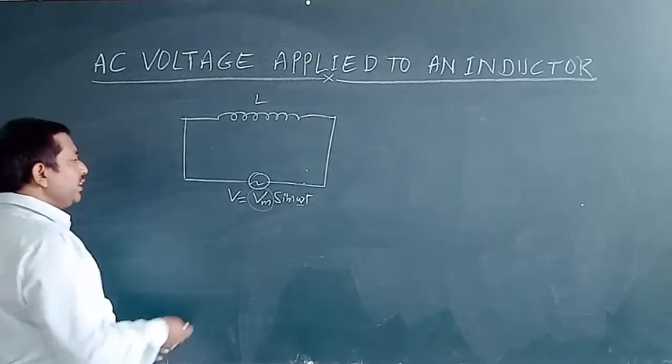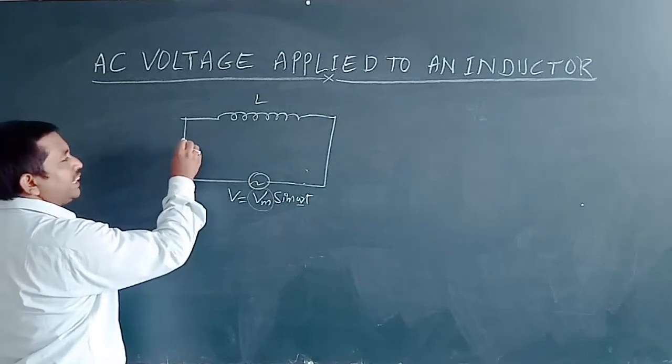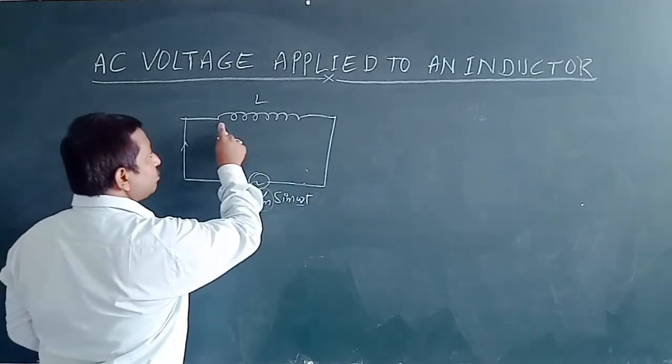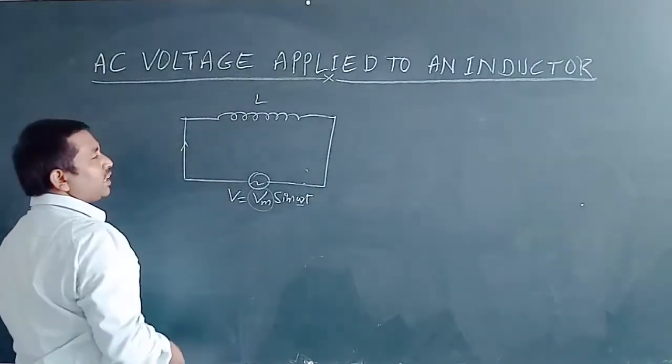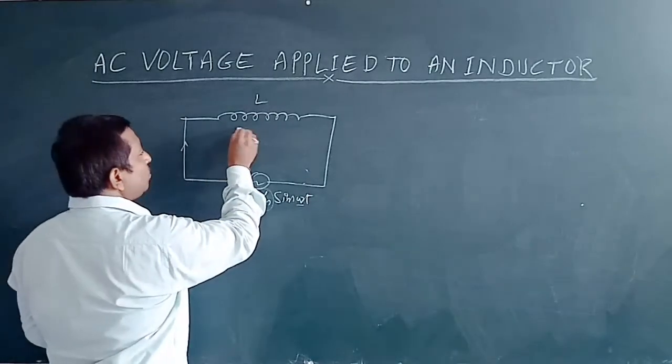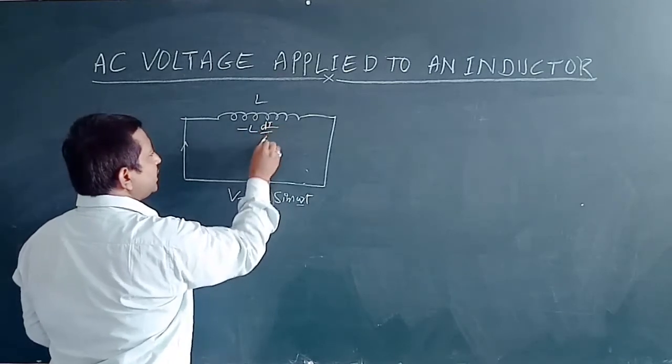Now as we know, if potential is applied across the terminals of the inductor, then there is a current flowing through the inductor, and when there is a current flowing through the inductor, there is an induced EMF produced across the terminals of the inductor, equal to minus L di by dt.